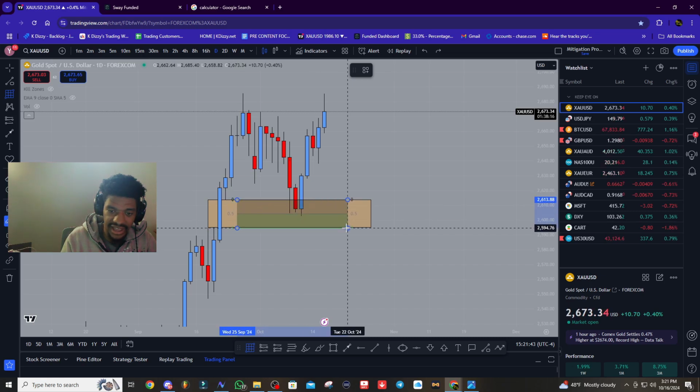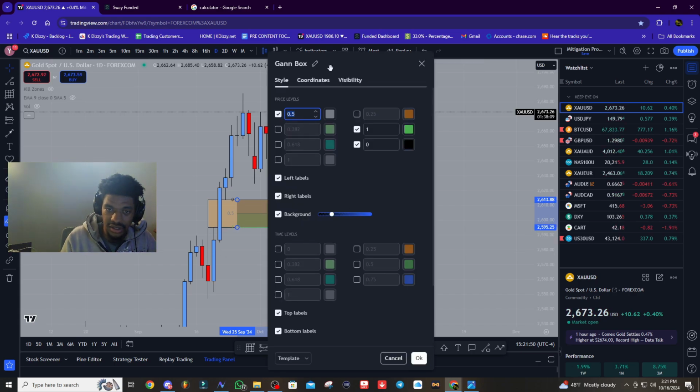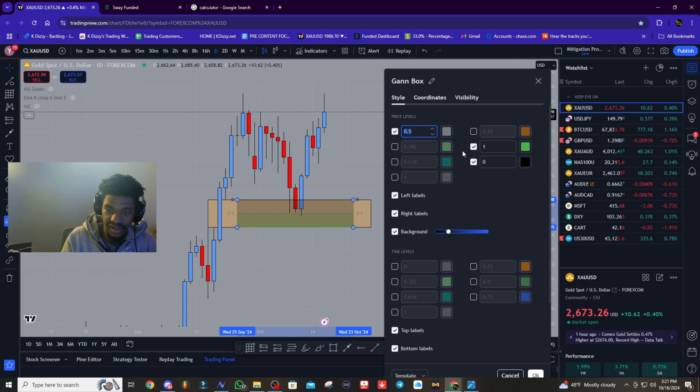I have a different tool than you right now probably, and if you want the same coordinates as me, you can copy this. It will show you different price levels of the area that you mark.